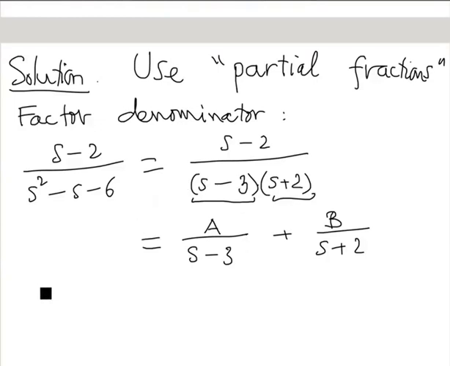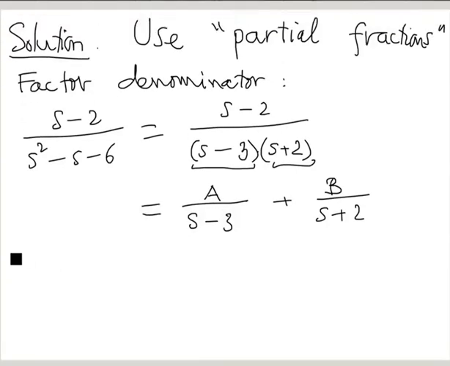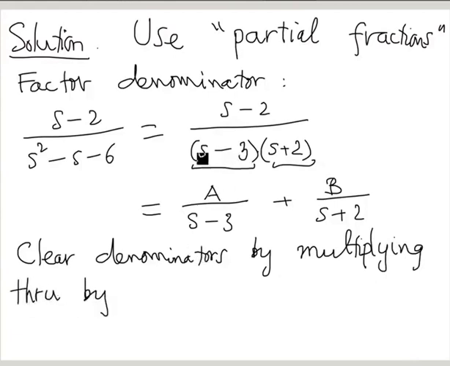There are several ways to do this, but a method I would recommend and use very often is to first clear denominators. We clear the denominators by multiplying through by the entire denominator on the left hand side, which is s minus 3 times s plus 2.